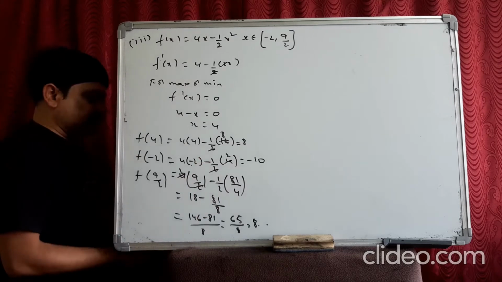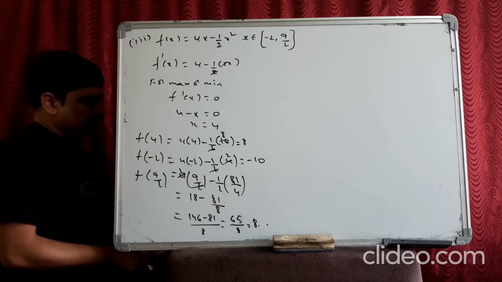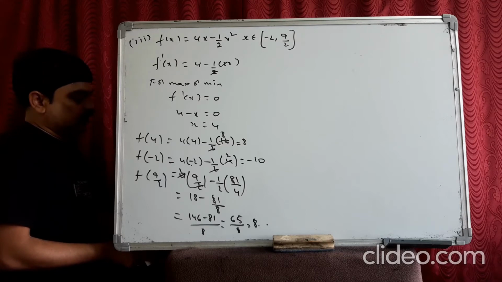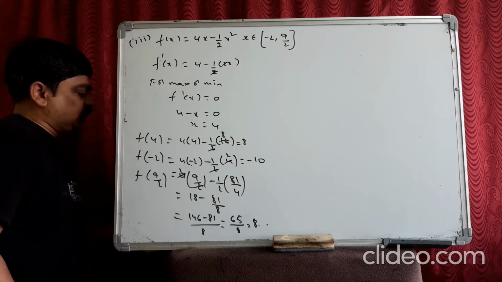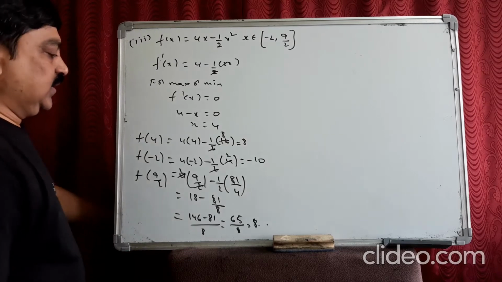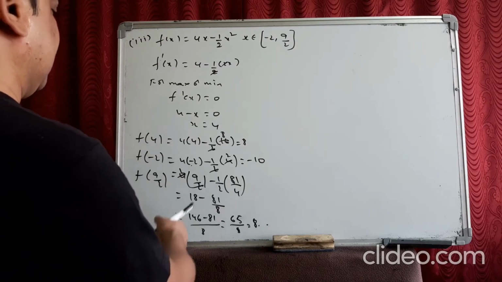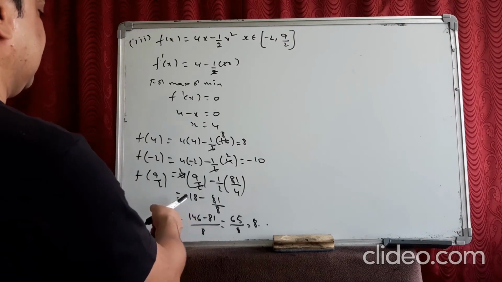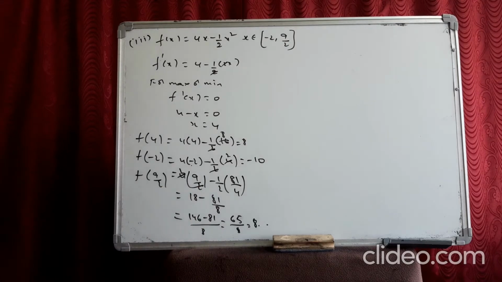Let me check the answer once we get the fraction. It is minus 10 and 8. 4 into 9 by 2, 1 by 2 of 81 by 4.